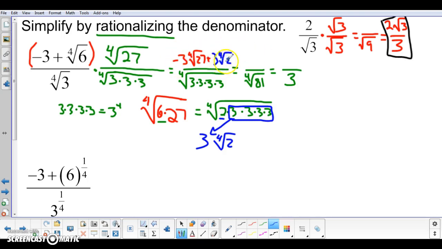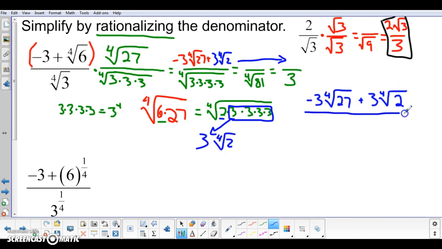And now I can't add them together because they're not like radicals, and there's no way that I can make them like radicals. So this will be my numerator, all over 3. So my final answer will look like this: negative 3 times the 4th root of 27 plus 3 times the 4th root of 2, all over 3.